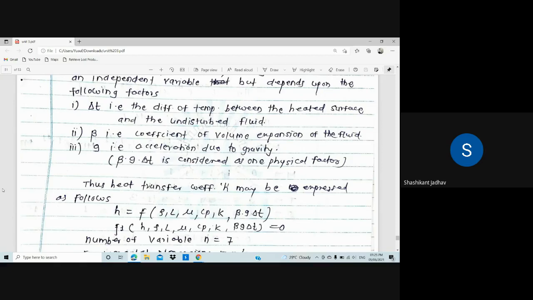Then write down the second, beta, that is the coefficient of volume expansion of the fluid.